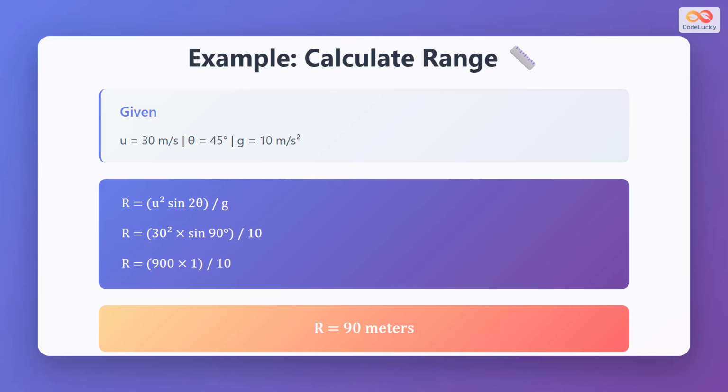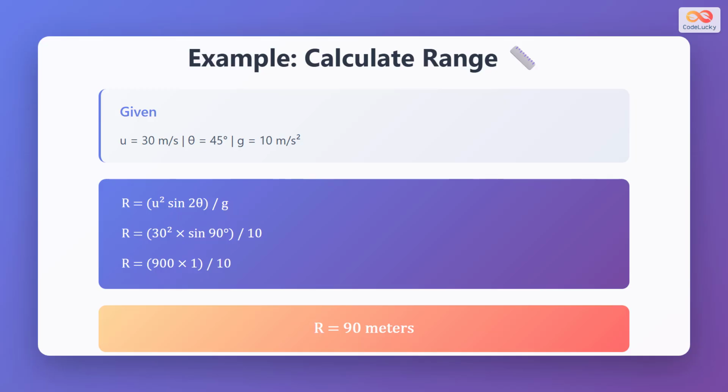Let's work through a practical example to calculate the range of a projectile. Suppose we launch a projectile with an initial velocity of 30 meters per second at an angle of 45 degrees, and gravity is 10 meters per second squared. We start with the range formula. R equals U squared sine 2 theta divided by g. Substituting our values, we get R equals 30 squared times sine of 90 degrees divided by 10.